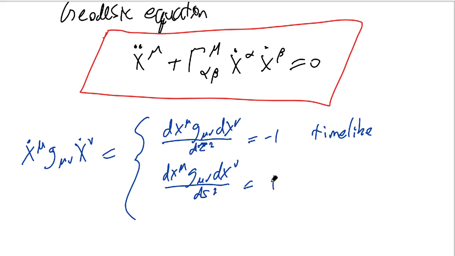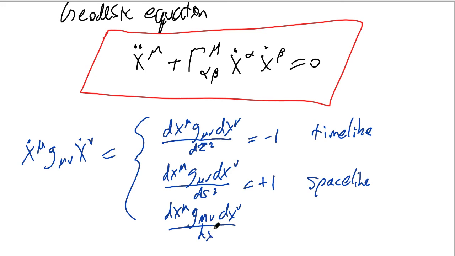The numerator is ds squared, so this is equal to plus 1. That's the space-like case. And for the null case, this is dx mu, g mu nu, dx nu over d lambda squared, where lambda is the affine parameter. And since the numerator is 0, this is just 0 for the null or light case.